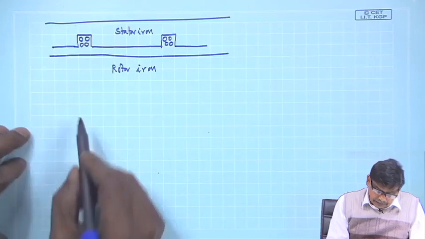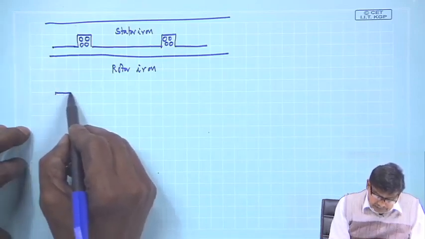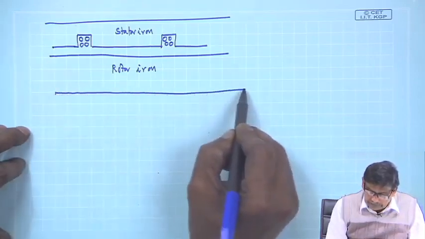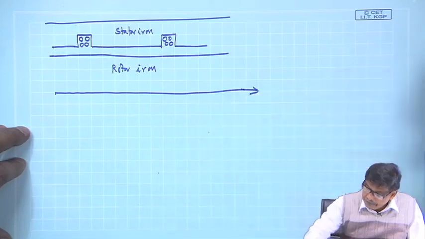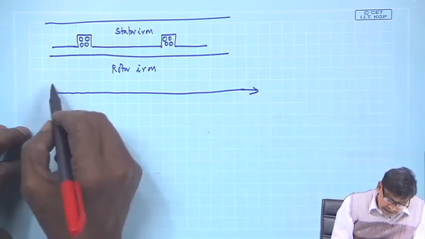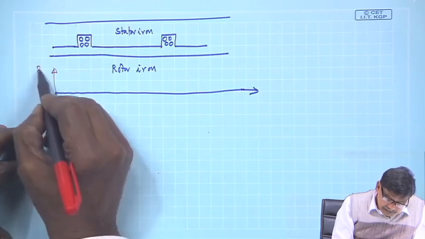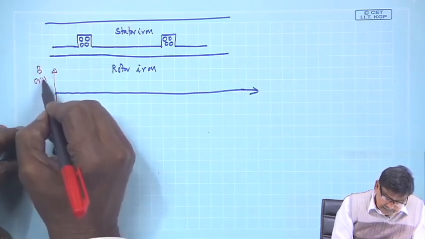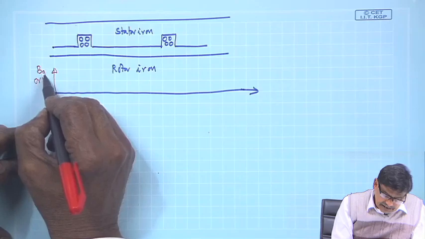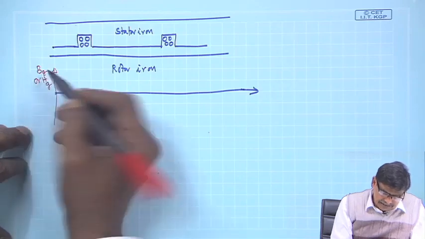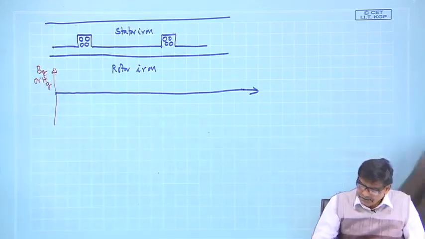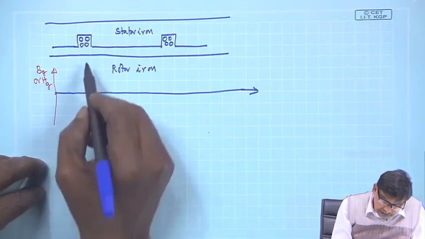And then against the distance in space, if you sketch B or H, BG, HG, generally G I will avoid later after we get accustomed to it.